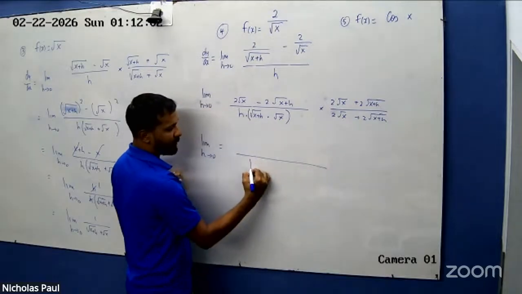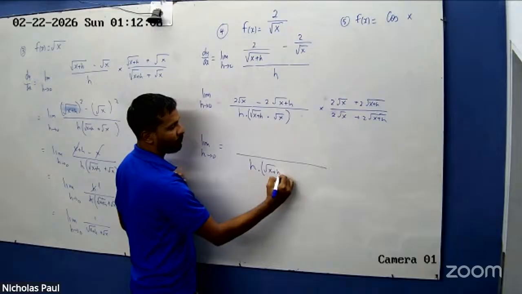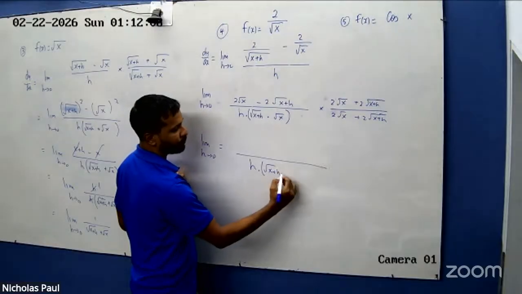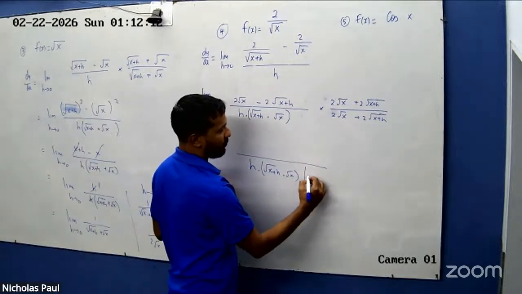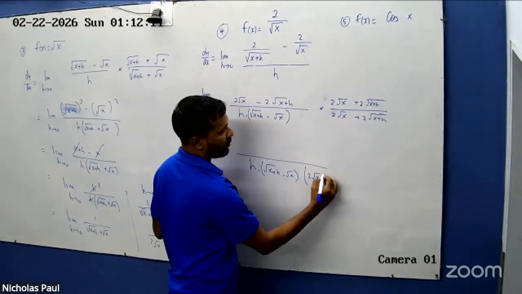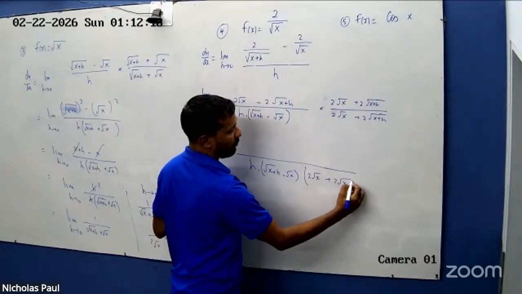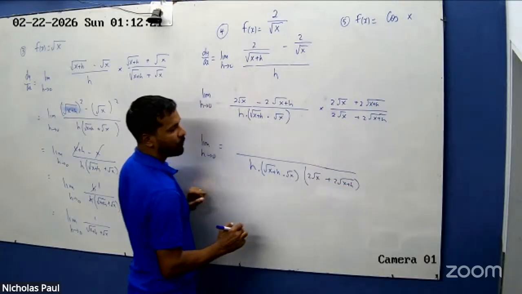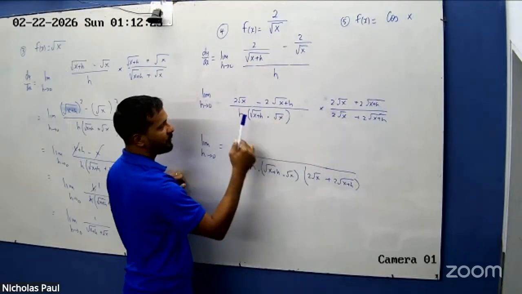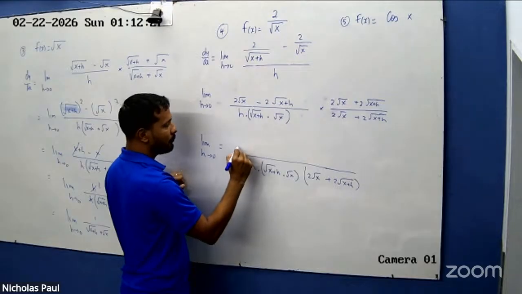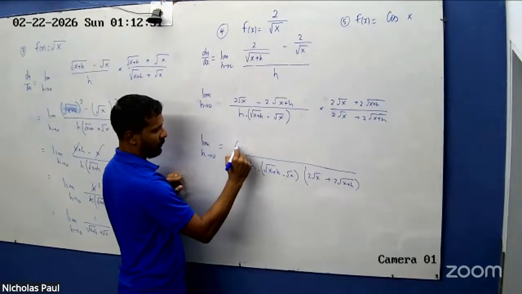So I'm multiplying h by this, multiplied by this. If you want to factor the 2, you can factor the 2 as well. And then we apply the difference of 2 squares, so it will be 4 root x. Actually, let me write it out for you.